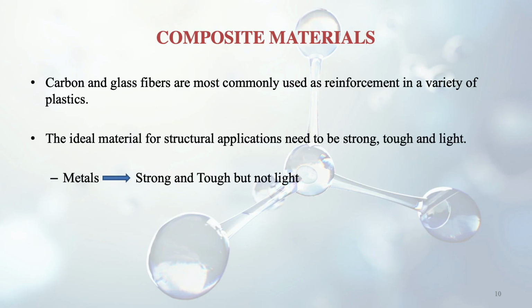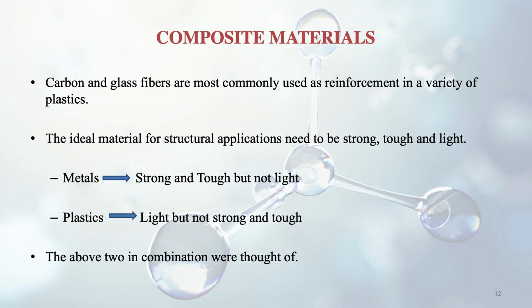In metals, the strength is there, the toughness is there, but it is not light. In case of plastics, it is light but it doesn't have strength and toughness. So then we have to work out a combination of these two so that we can get the strength, toughness and lightness all together.